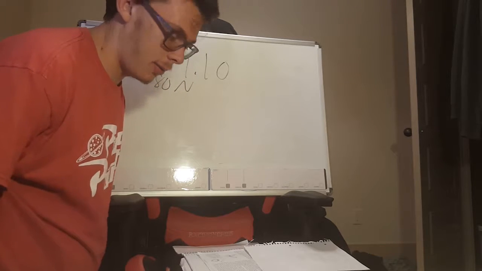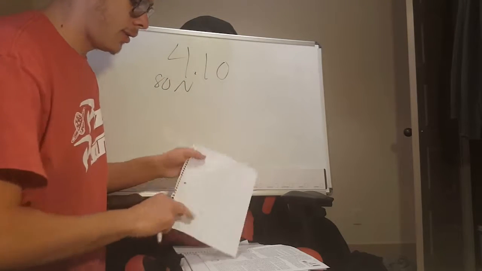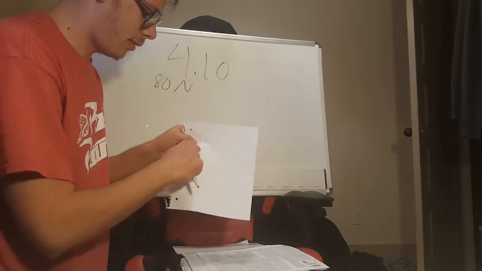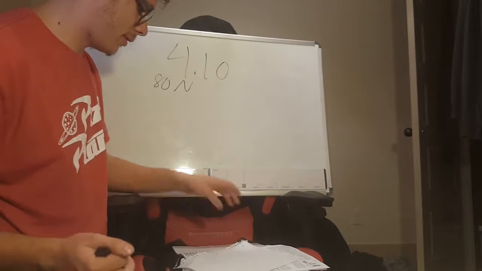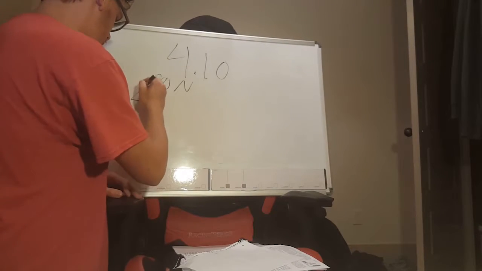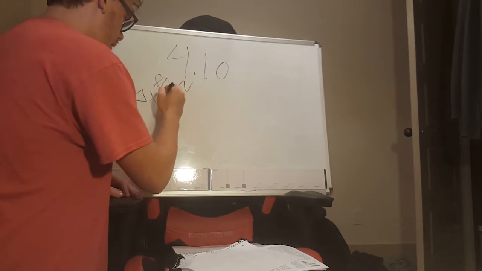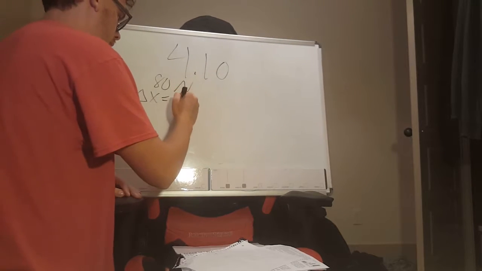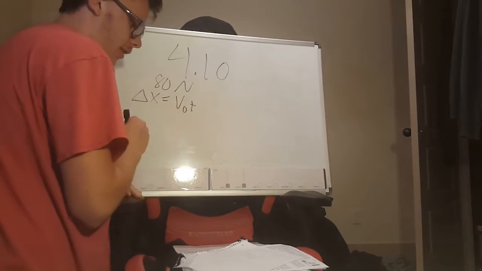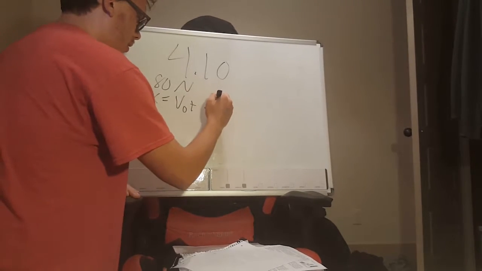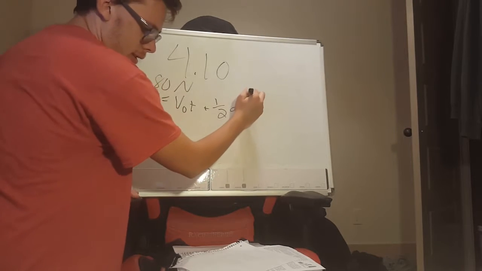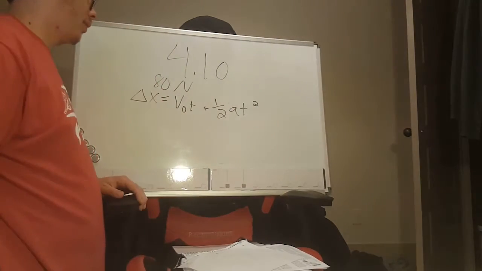So with that, we're going to use a kinematics equation, and we're going to use this one, which is delta x equals initial velocity times t plus 1/2 acceleration t squared.